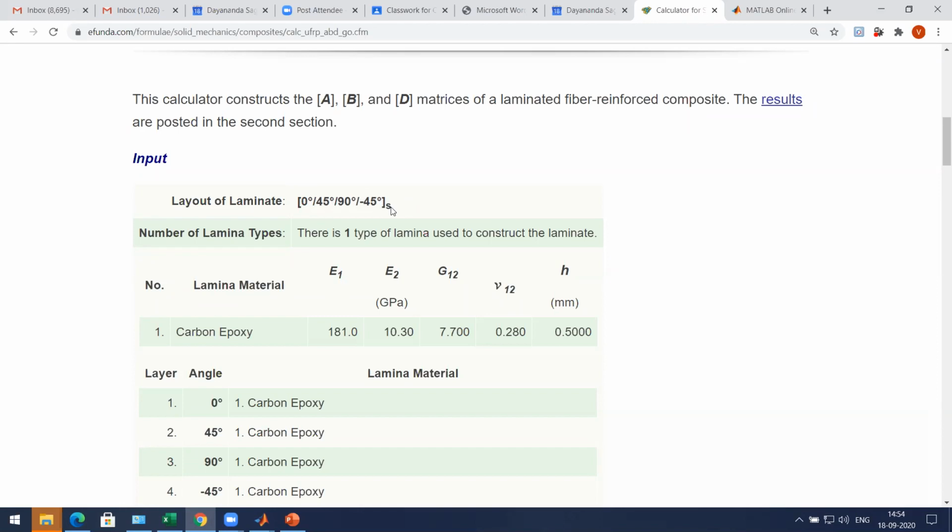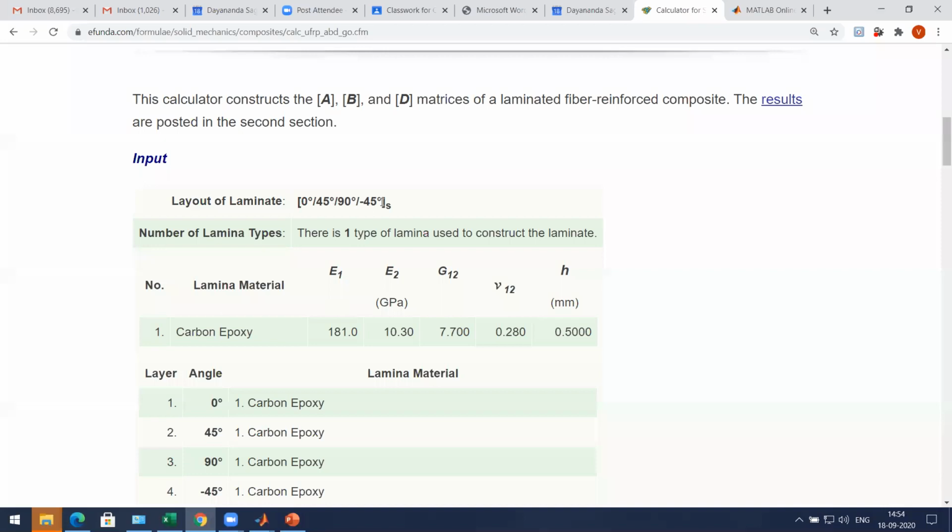So you can have a symmetric laminate: it will be minus 45, 90, 45, 0. And where it is doesn't matter. You can have 0, minus 45, 45 somewhere else. So only the orientations matter, exactly; the sequence doesn't matter here in the A matrix.